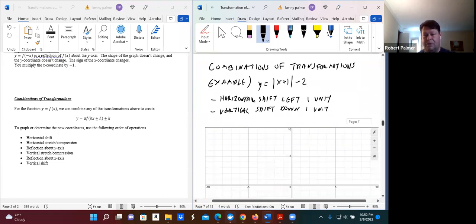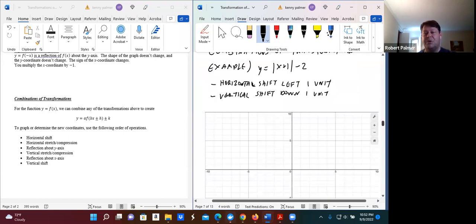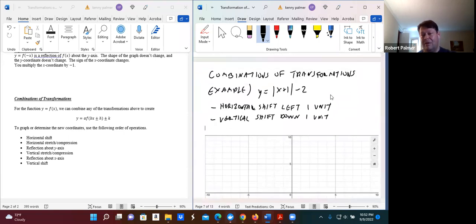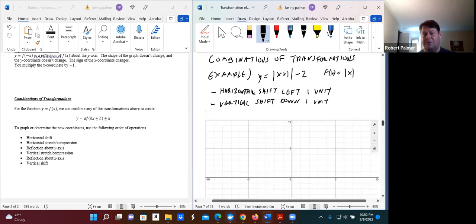Okay, so let's take a look at that. We're starting out with a base graph. Let me write this over here. Our f of x is our ordinary graph, just the absolute value of x. Let's draw that first, and then we'll go from there.